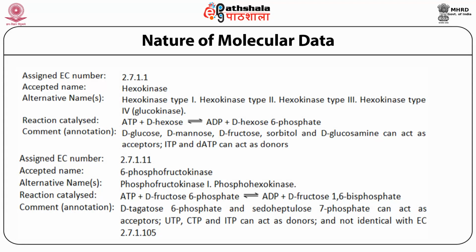Enzyme 2.7.1.1 is hexokinase, which has alternative names such as hexokinase type 1, hexokinase type 2, 3, 4. The hexokinase 4 is glucokinase. This catalyzes the reaction between the D-hexose and ATP to give ADP and D-hexose 6-phosphate.